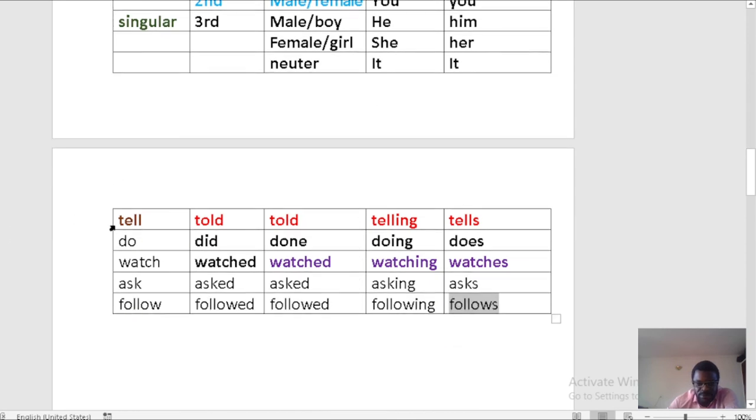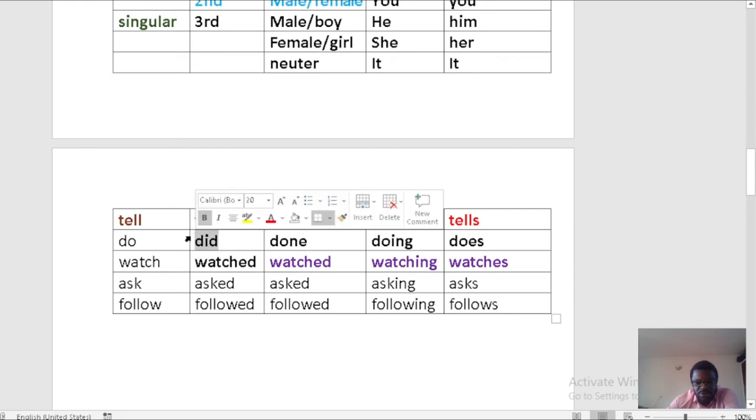So for example, here we have all these verbs. Verbs are different from nouns. Nouns are names of a person, a thing, a place, and all that. But here, verbs are the doing words. We usually use does, because does is the plural for do. Okay? But do in the simple past tense will become what?